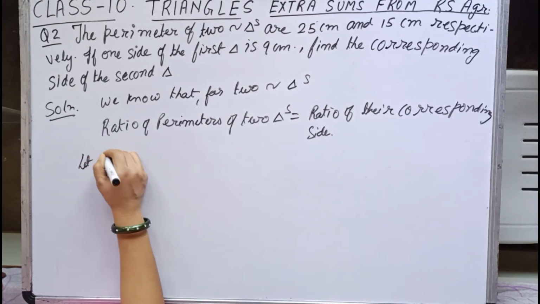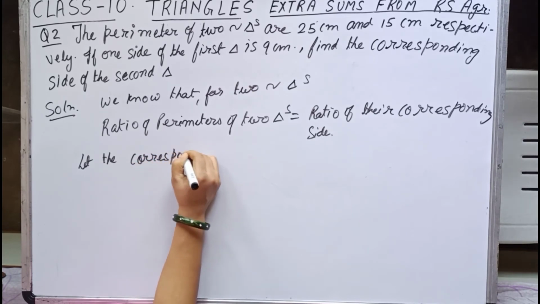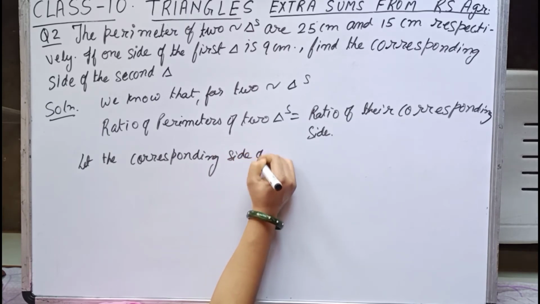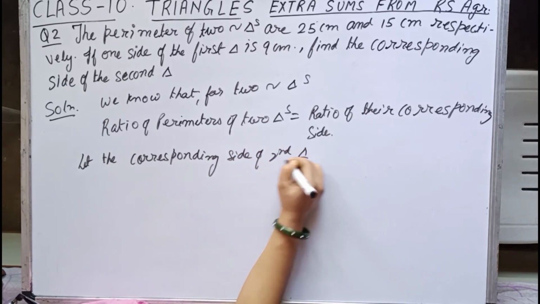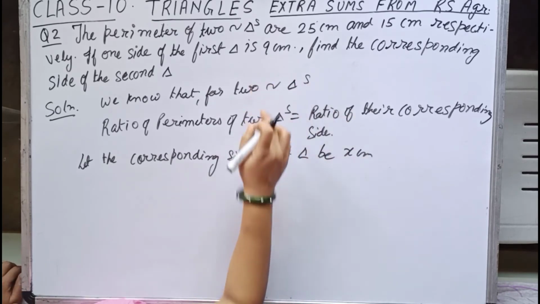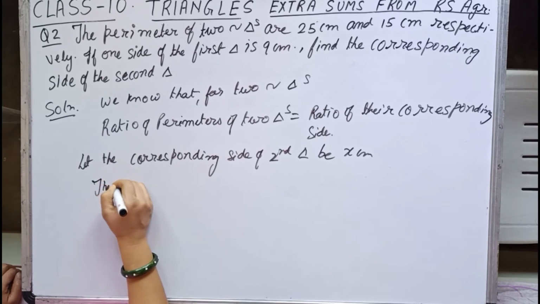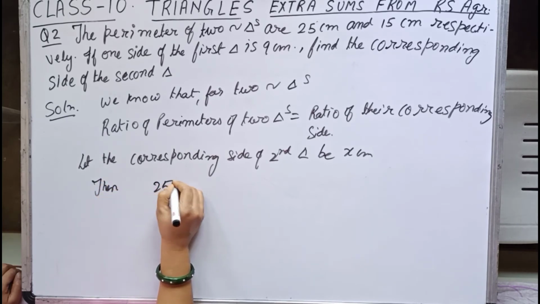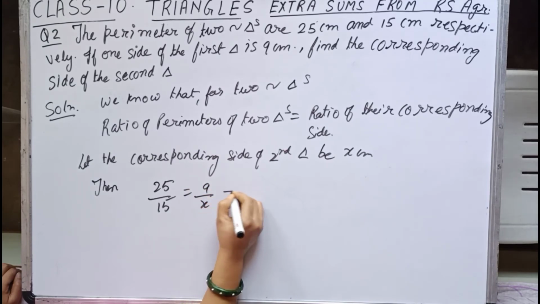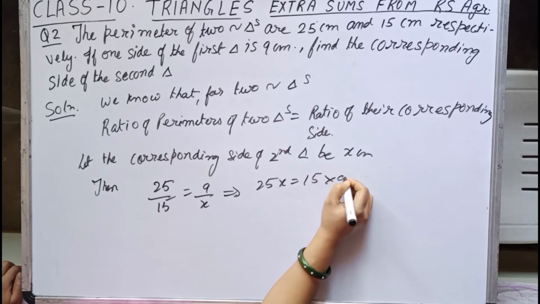So let the corresponding side of the second triangle be x centimeter, because here it is centimeter. Then 25 by 15 equals 9 by x. This implies 25x equals 15 into 9.